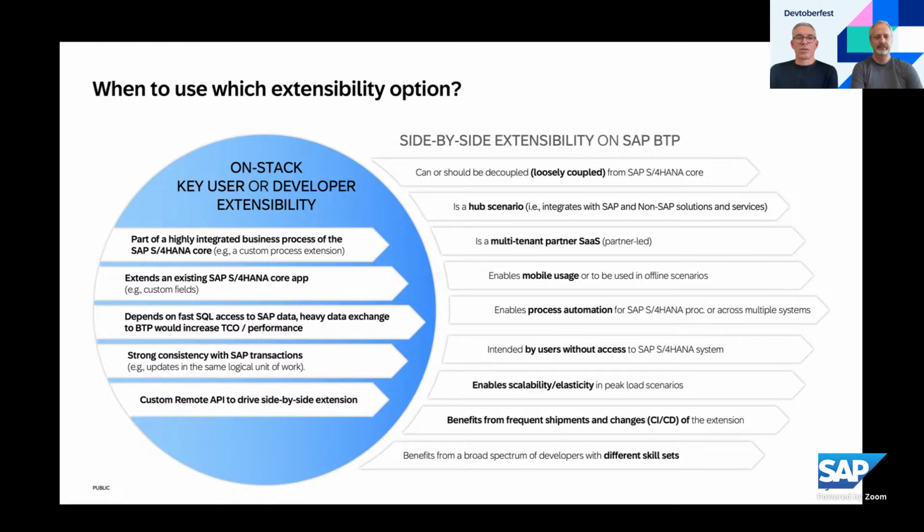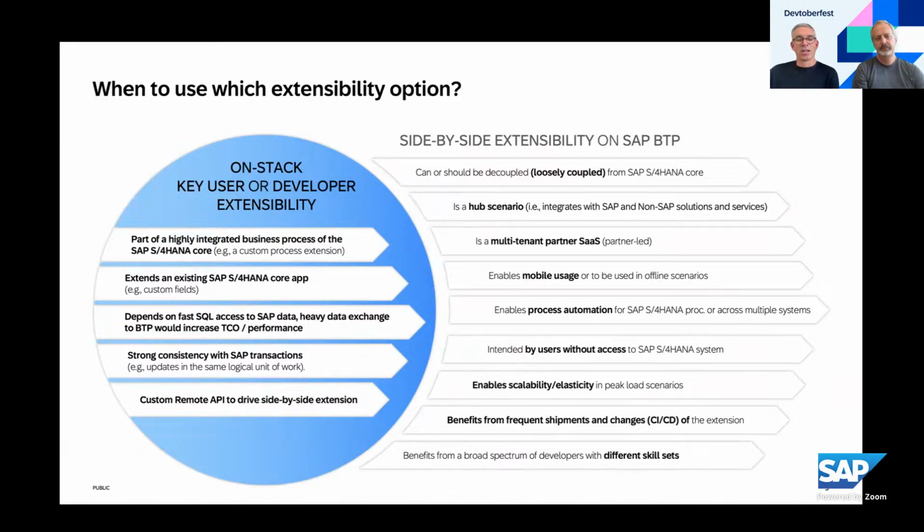So if we first go to the on-stack extensibility, the main theme there is if your extension has to be what we call tightly coupled. Tightly coupled means, as the name implies, quite near to your core business in S4.